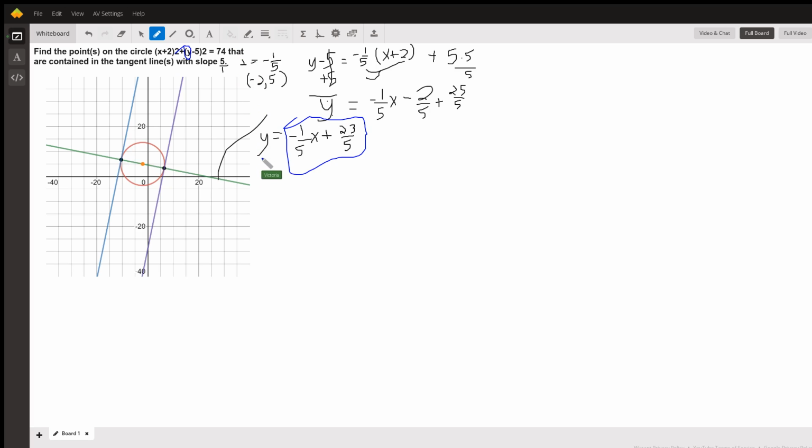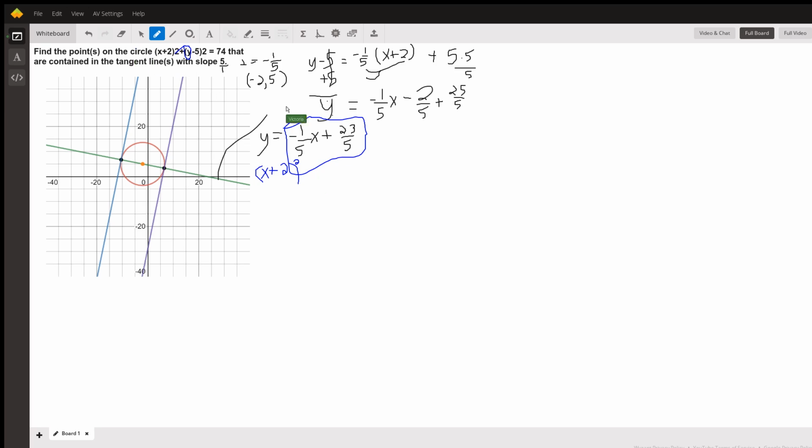So this then becomes, the circle is (x + 2)².